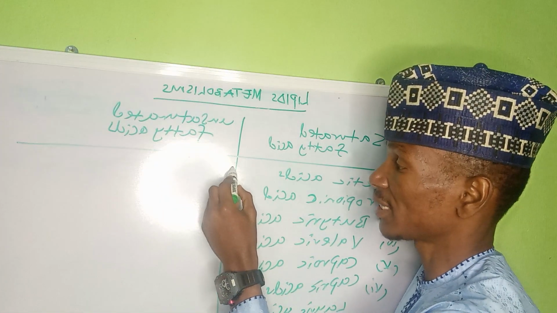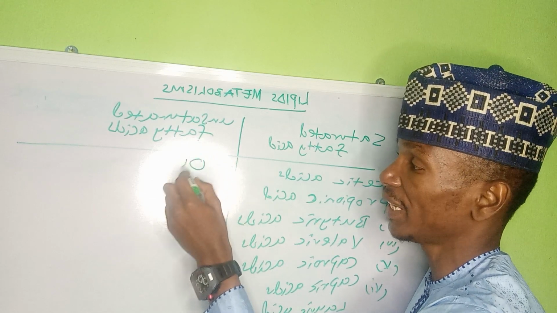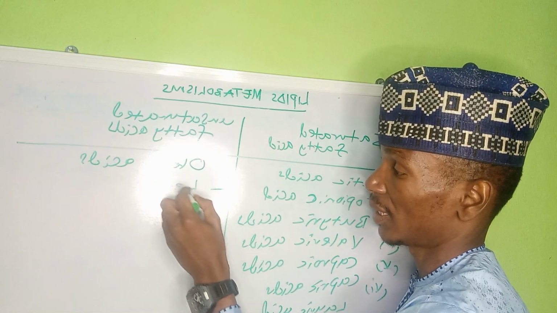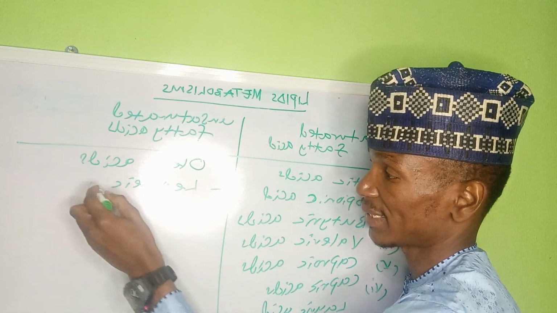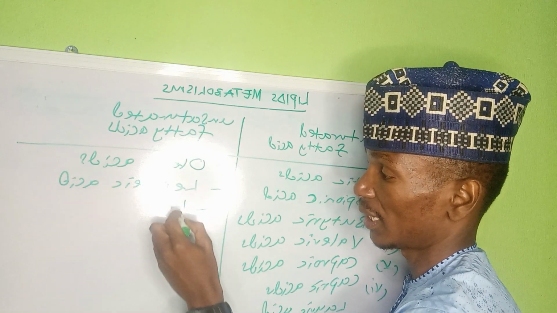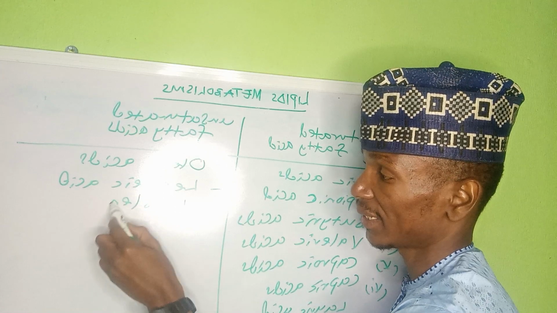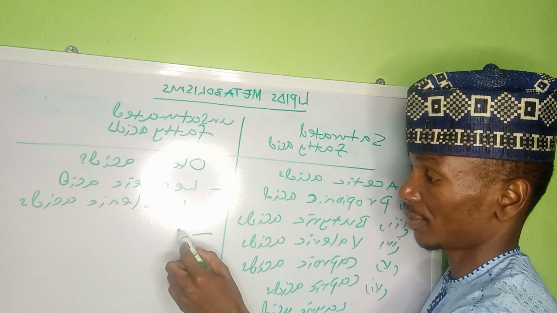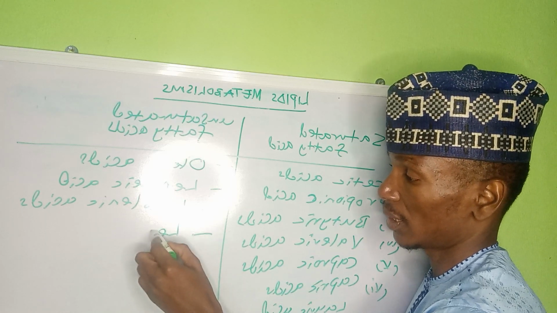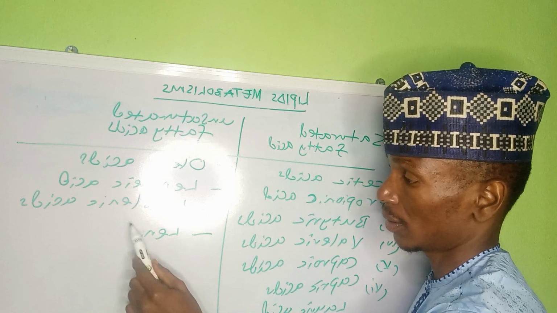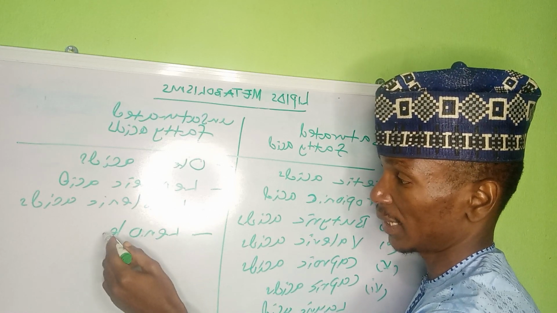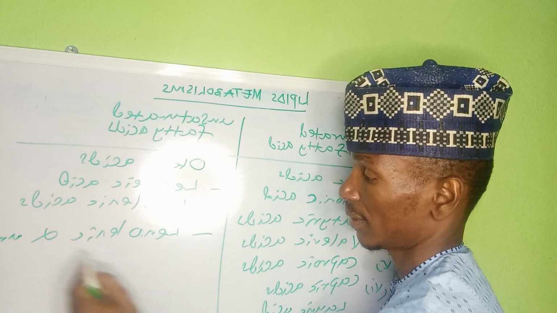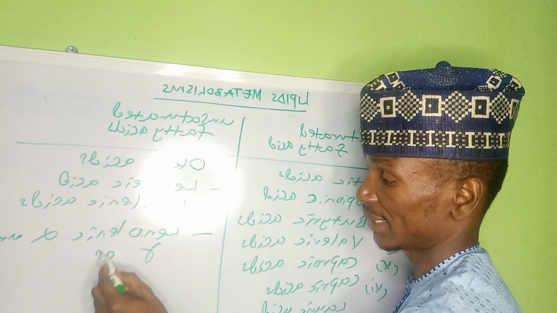Then classical examples of unsaturated fatty acid, we have oleic acid, we have linoleic acid, we have linolenic acid, we have linolenic alpha and gamma acid.